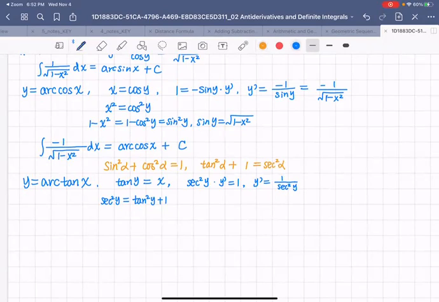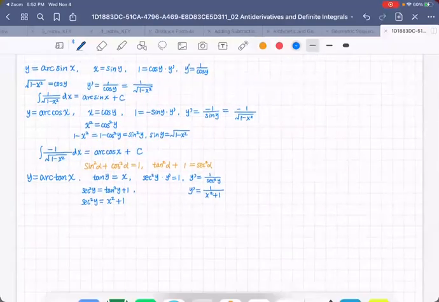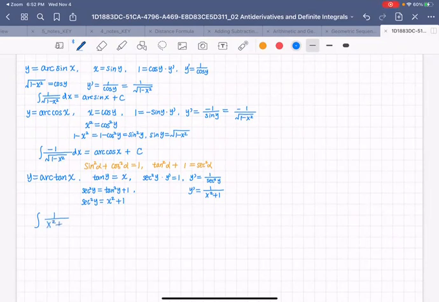So your secant squared y equals x squared plus 1, correct? In that way, your y prime equals 1 over x squared plus 1. So that means if you have 1 over x squared plus 1 dx, this equals arc tangent x plus c.